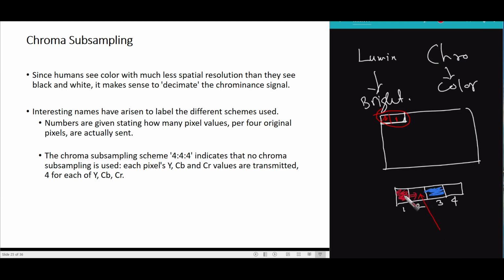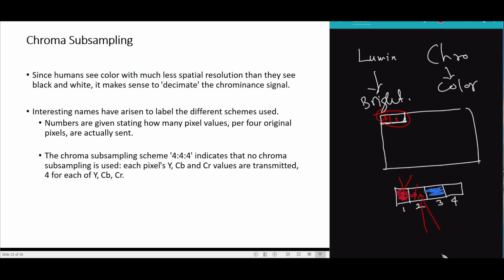I'll use the same color because this pixel's color is red. At the reception I will reproduce the same color in this pixel. So that means I don't need to transmit the color information for this pixel, because we know that color information is less sensitive than brightness information. So we'll send the brightness information for each pixel, but for the color information, I'll keep it only for this pixel, not for this pixel.